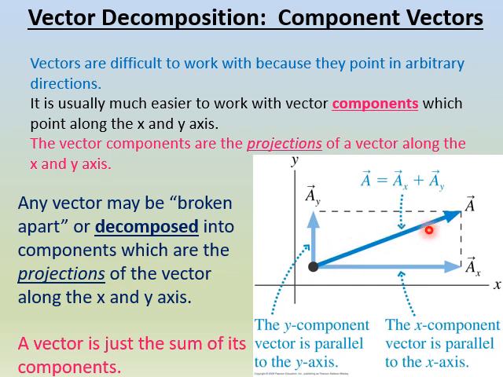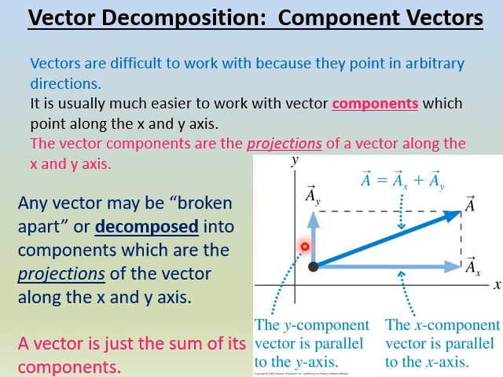Likewise, vector A has a y component vector called A sub y, and A sub y is basically the vertical height of this vector. And again, you can think of this vector being projected along the y-axis here by, for example, shining a light from over here on the right. So the light rays are going to the left. A sub y would be the shadow of vector A projected onto the y-axis.